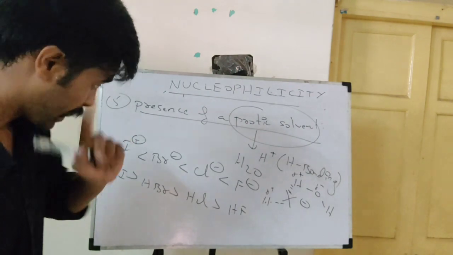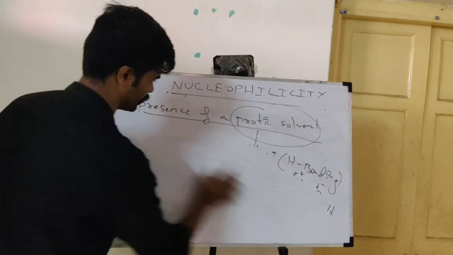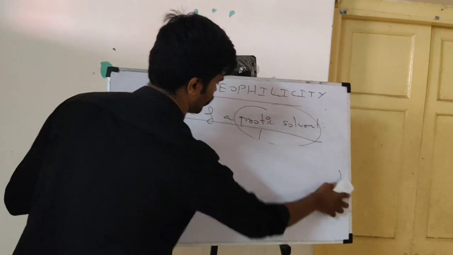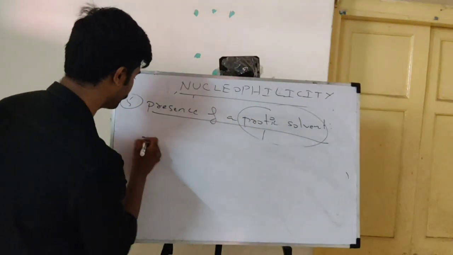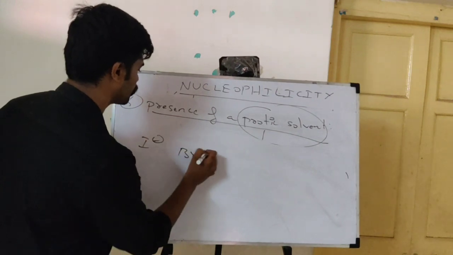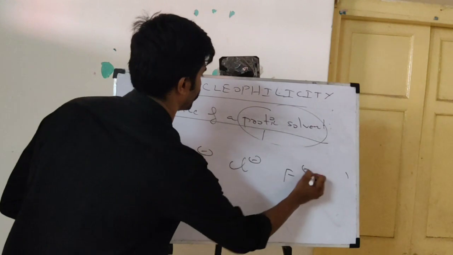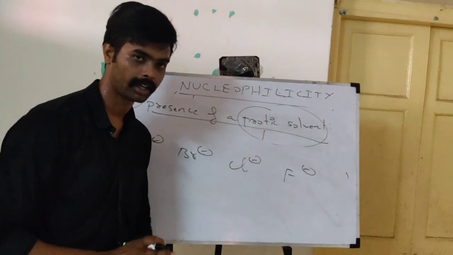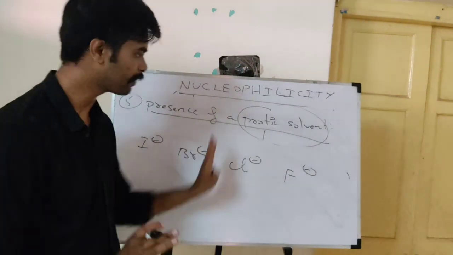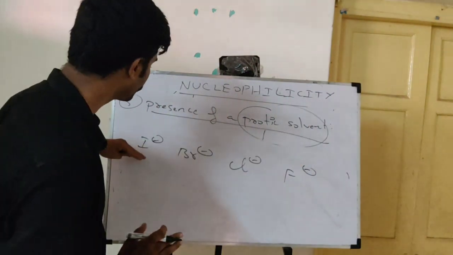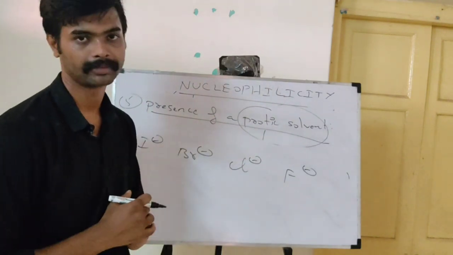So keeping that in mind, we'll take the same set of 4 examples, that is I minus, Br minus, Cl minus and F minus. Okay. Now in all of them hydrogen bonding is going to happen. So in general, if I have a protic solvent, the nucleophilicities of all these anions are going to get decreased, no doubt about it, right?